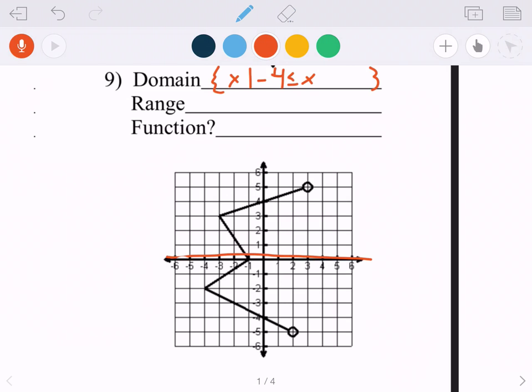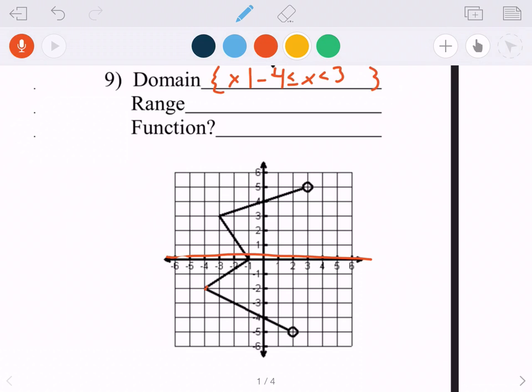The circle down here at x equals -4 was closed, but this one is open. So that means that that point is not included. So x is going to be less than 3. 3 is the greatest point on the x-axis, and it's open, so it's not included. So x has to be less than 3.